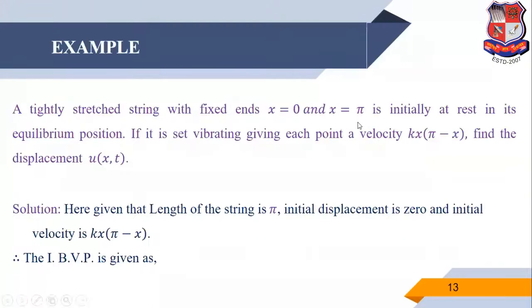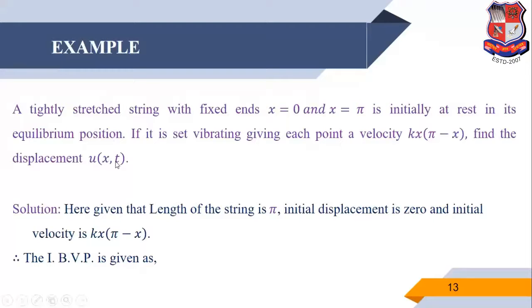So now we take one example based on problem 2, where two ends x is equal to 0 and x is equal to pi are given for a string which is initially at rest in its equilibrium position. If it is set vibrating by giving each point a velocity k x (pi minus x), find the displacement u(x,t).